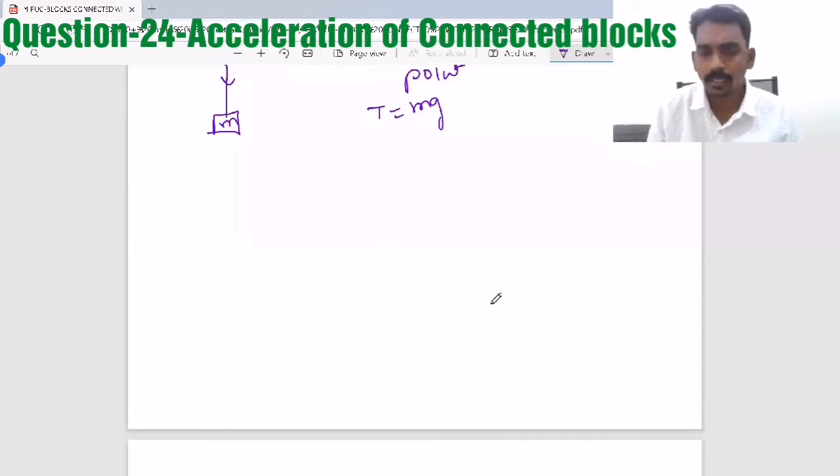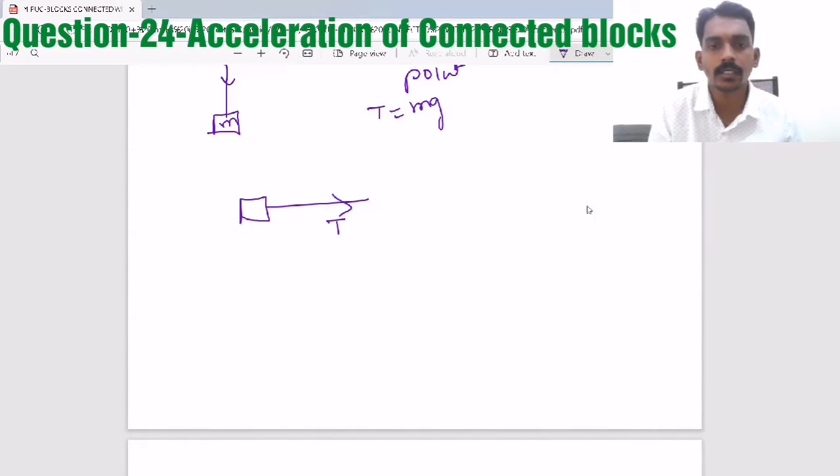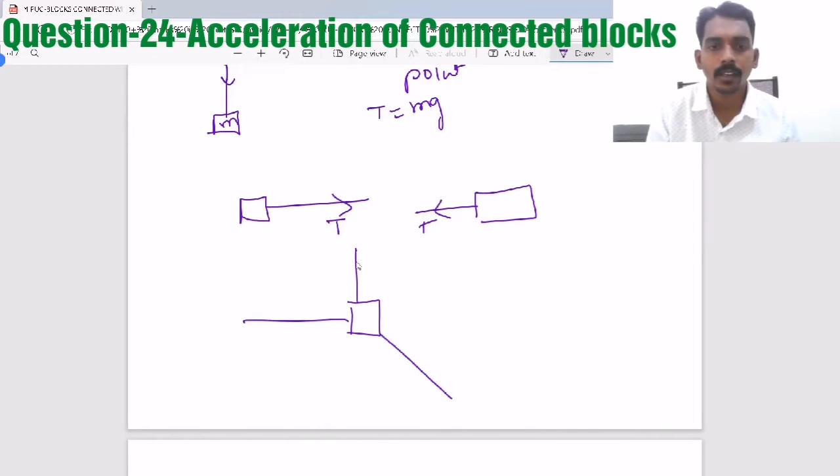Now, as I said, suppose there is a block and a string connected like this, then the tension is this. If there is a block and a string connected like this, the tension is like this. Suppose this is a block with three strings: here tension T1, here tension T2 and here tension T3.